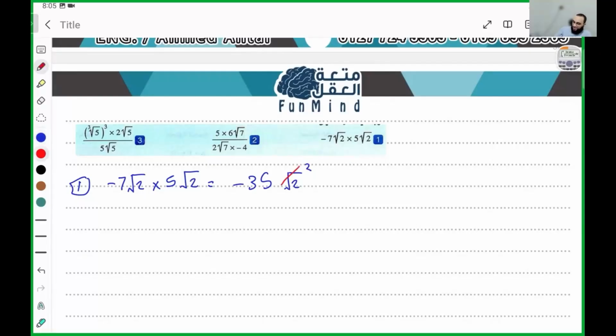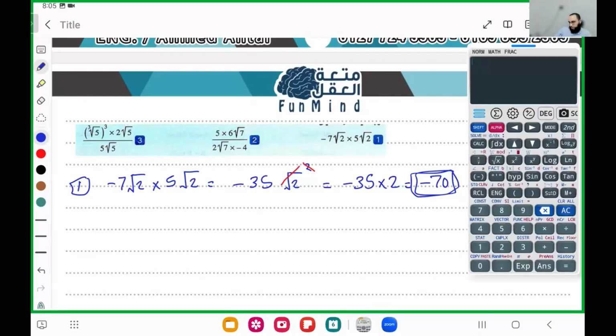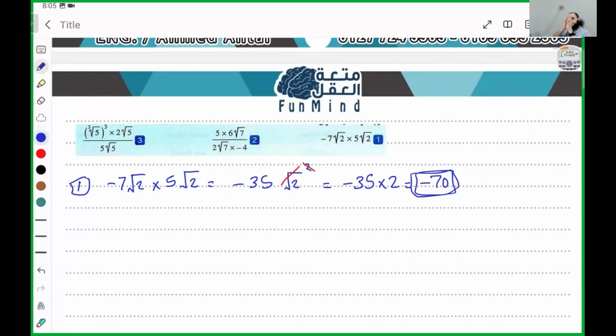Then you can delete the root with the second power. It's gonna be negative 35 multiply 2, which equals negative 70. Check the calculator. Negative 7 root 2 times 5 root 2 is negative 70. Correct.